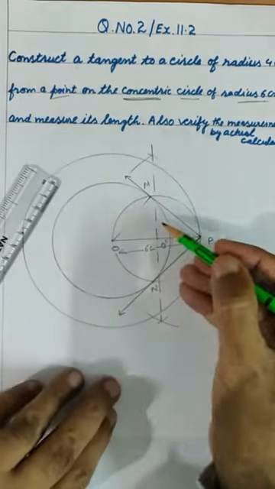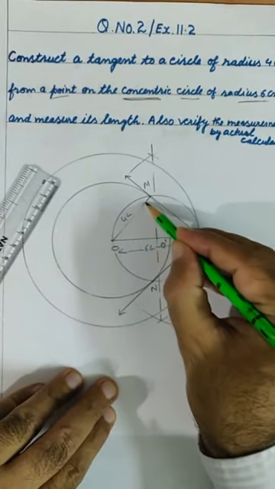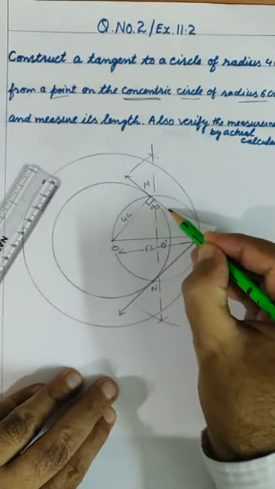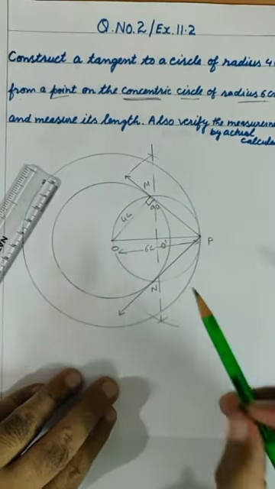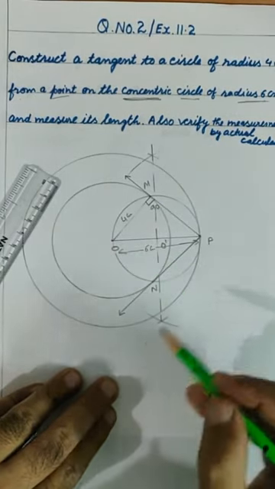What is the radius of this? This is 4 centimeter. It is of 90 degree, I told you. Radius and tangent are perpendicular to each other. This is 6. Again Pythagoras theorem.